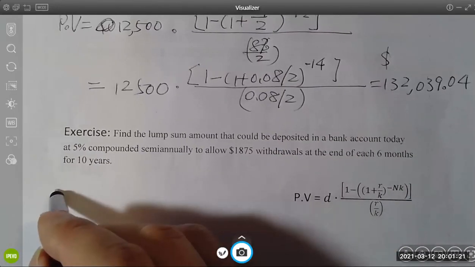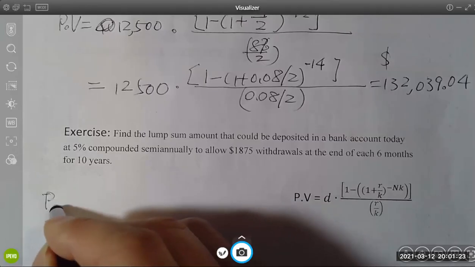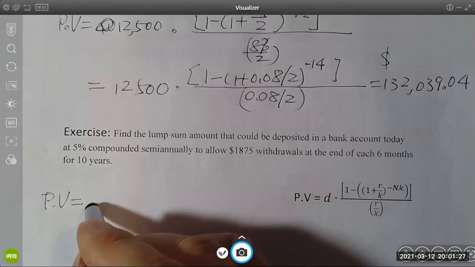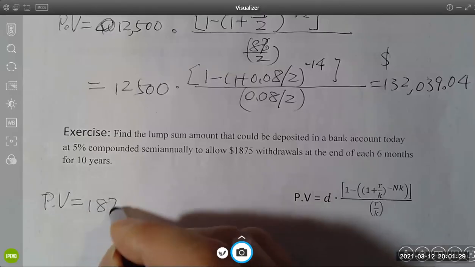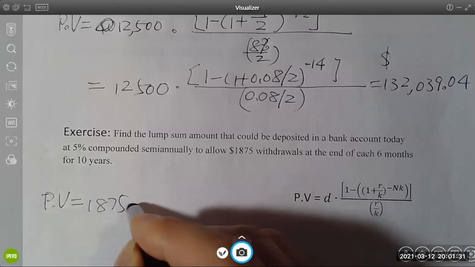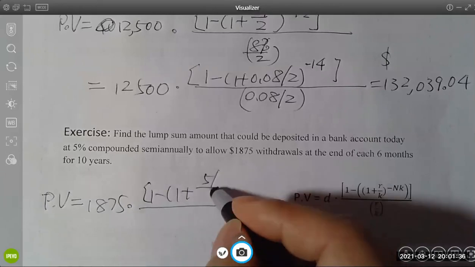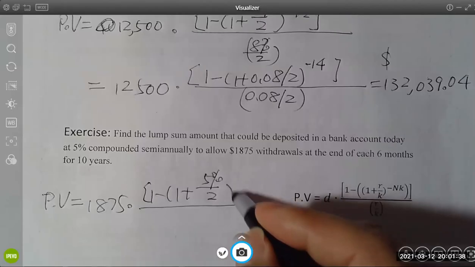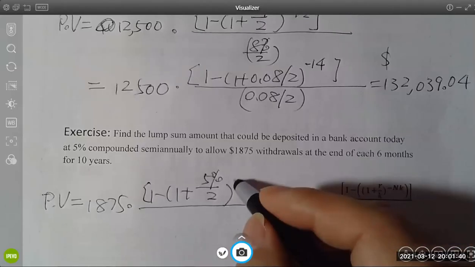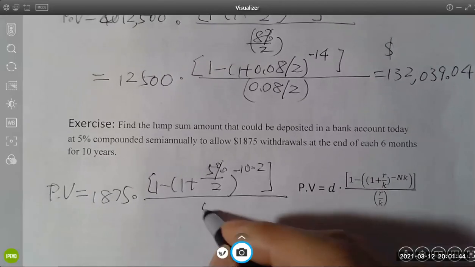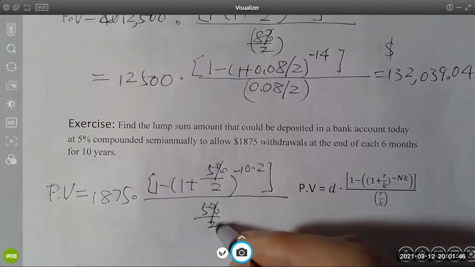So let's do that. Present value equals the withdrawal amount, which is 1875, times 1 minus 1 plus, and we get 5% compounded semi-annually, so k equals 2. We do that for 10 years, so negative 10 times 2, and 5% over 2.